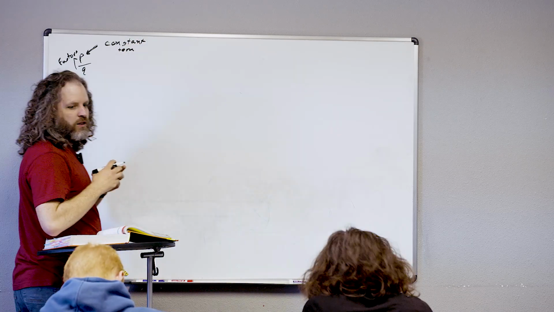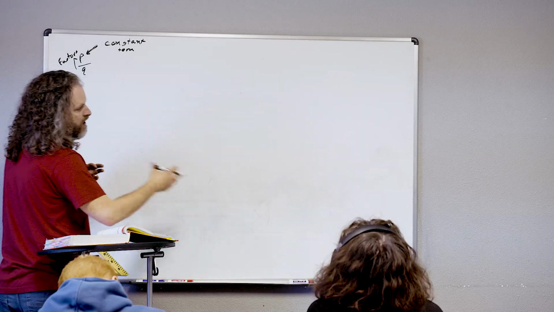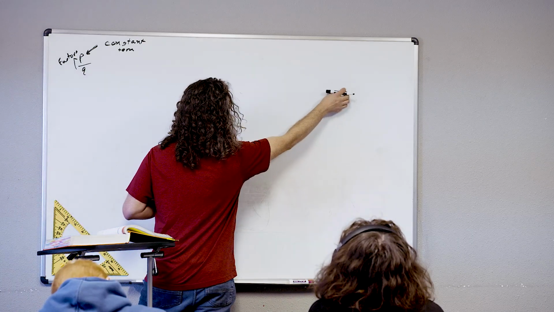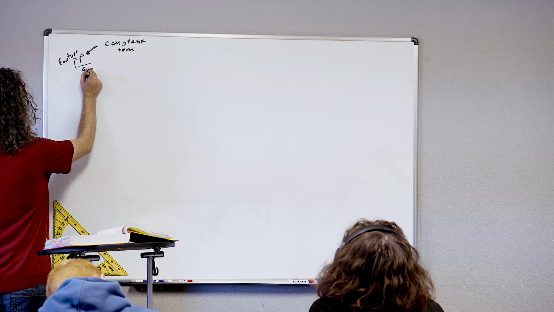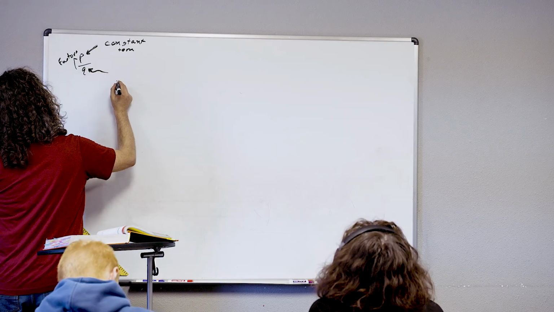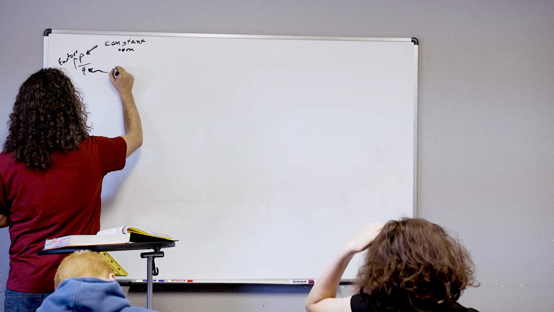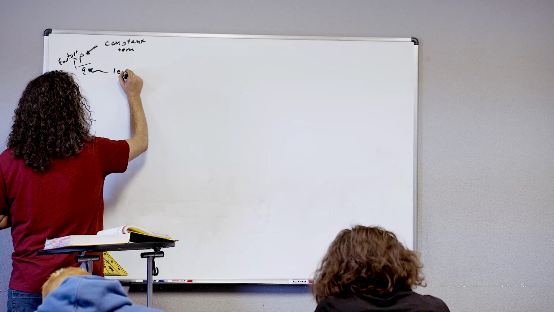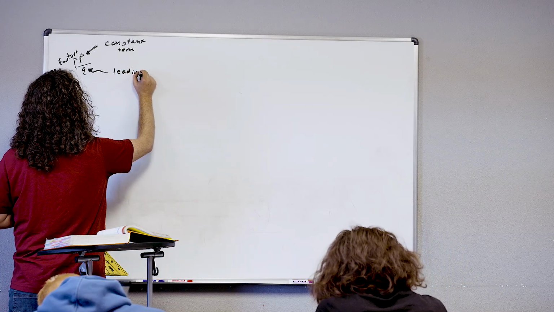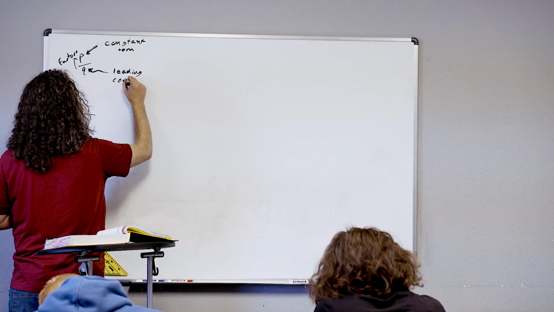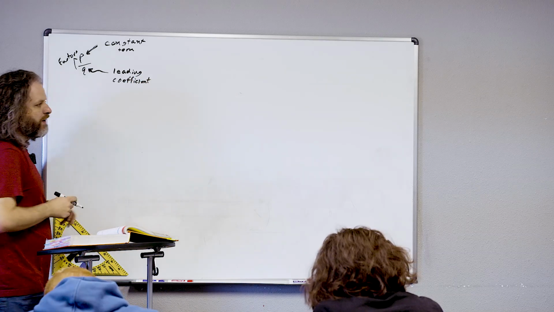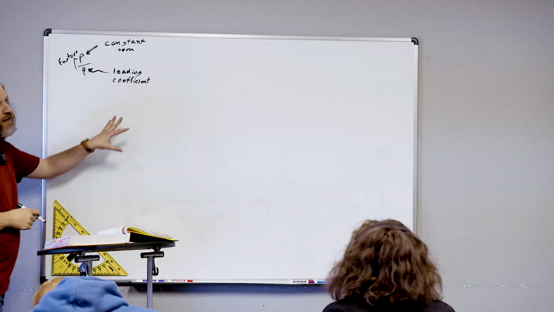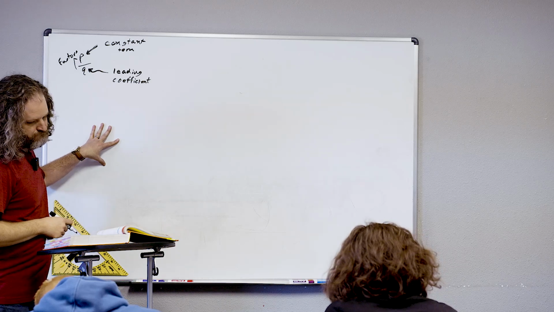So in our long way of writing that, it would be the a naught, that one at the very end, that last guy. And then Q is, excuse me, the leading coefficient. So that would be the very front term, that a sub n term.